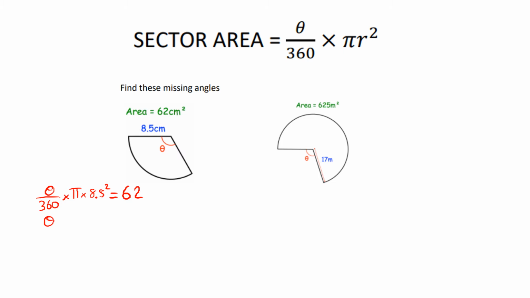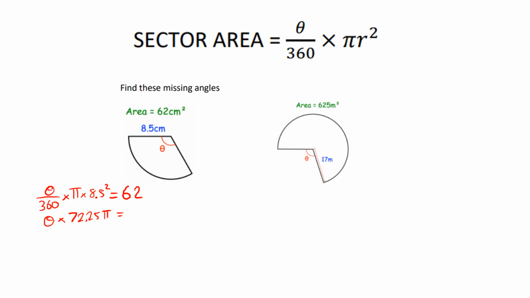First step here, well, we're going to do two things actually. I'm going to work out what 8.5 squared actually is. So that's 72.25 apparently. And I'm also going to multiply across by this 360.